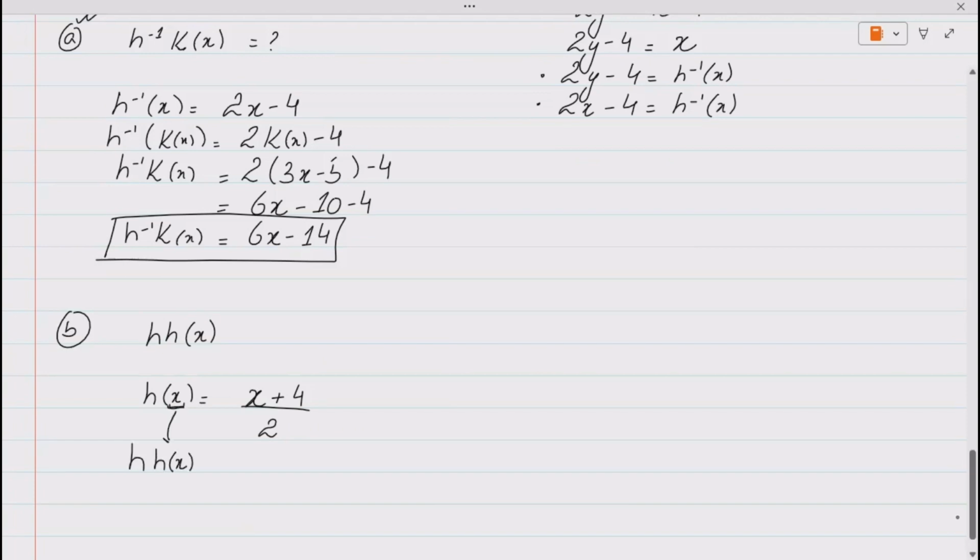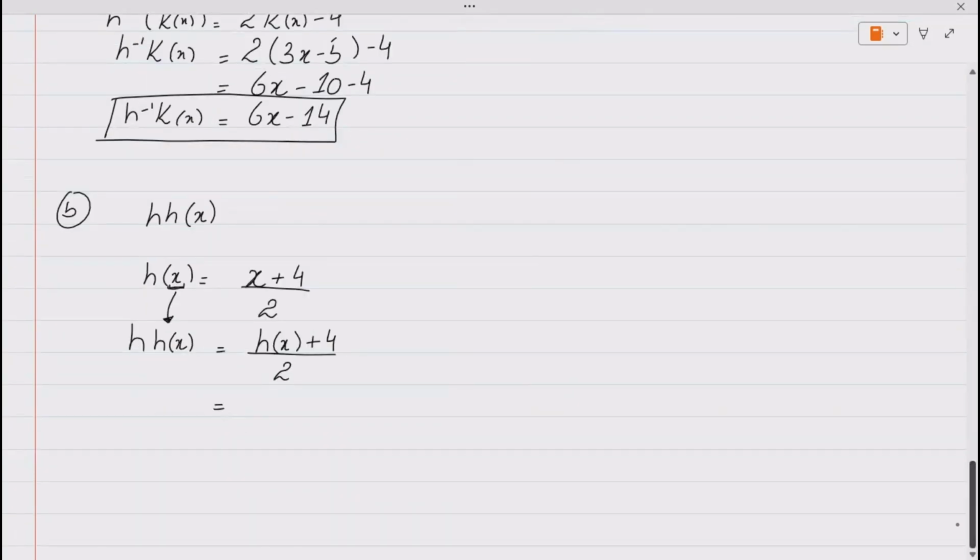Now this x is h of x plus 4 upon 2. So h of x is given as x plus 4 upon 2, so this h of x I write as x plus 4 divided by 2.